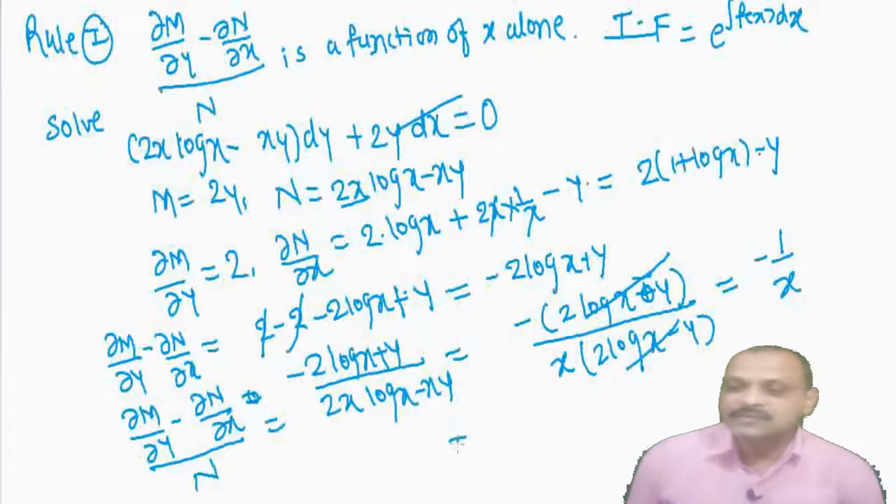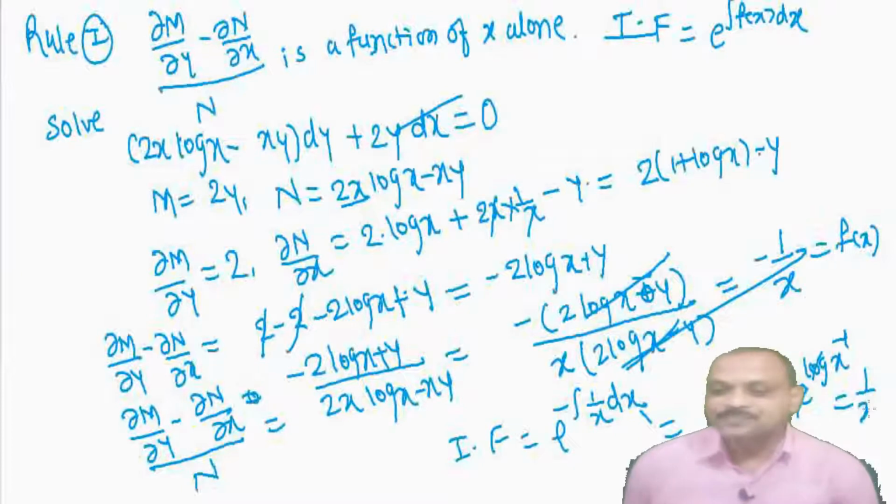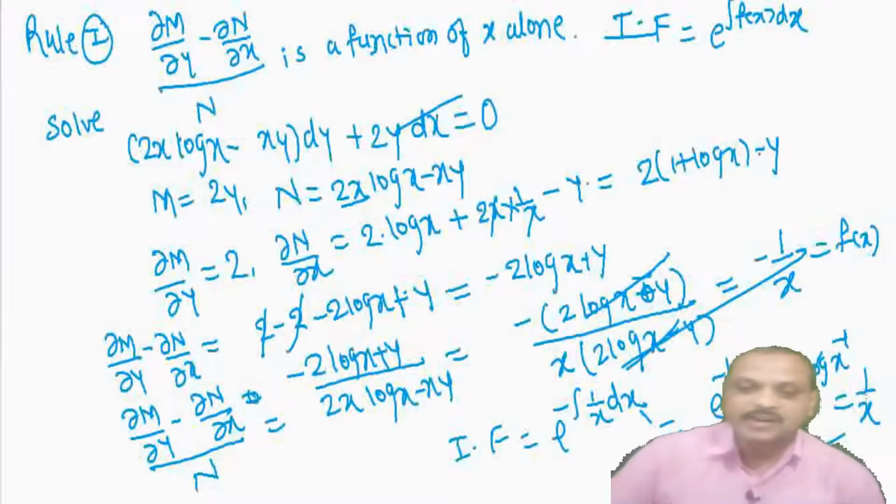Integrating factor equal to e raised to integration of f of x, minus 1 divided by x into dx, equal to e raised to minus log x, equal to e raised to log of x raised to minus 1, and equal to 1 divided by x. And here we have an integrating factor 1 divided by x.